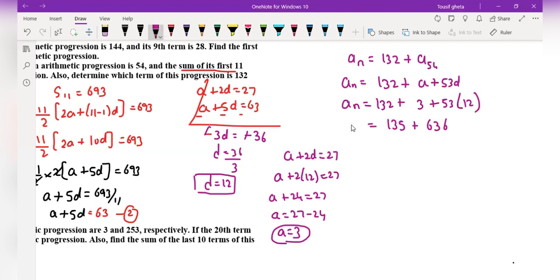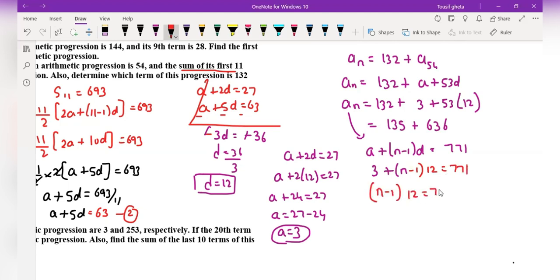636. Now the value of an, we substitute the formula, that is a plus (n minus 1)d. 135 plus 636 will be 771. The value of a is 3, plus n we don't know, d is 12. So 771 equals 3 plus (n minus 1) of 12. 771 minus 3 is 768. Cross multiply the 12: n minus 1 is equal to 768 by 12.